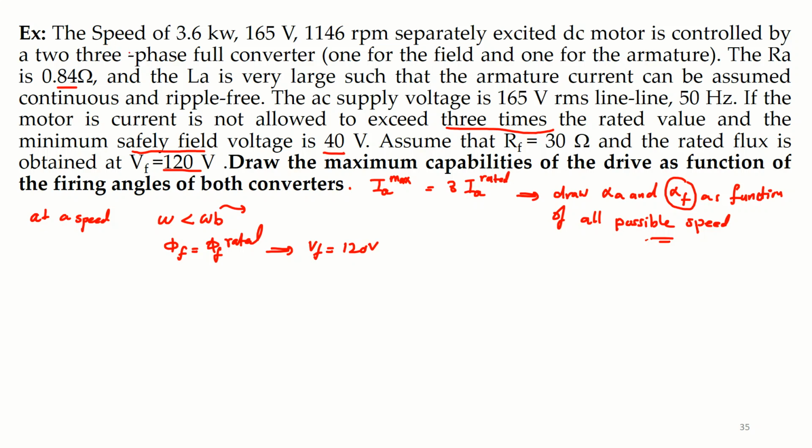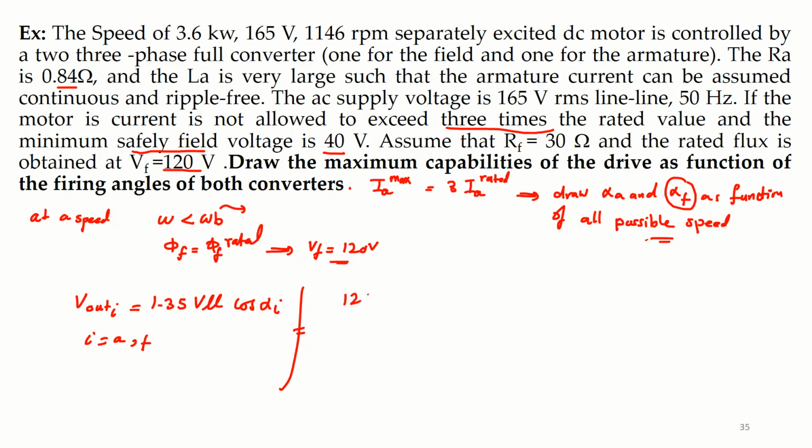Now both converters are three-phase full wave converters, so this means that V out of converter i will be equal to 1.35 V line to line cosine alpha i, where i is equal to A or F. A stands for the armature and F stands for the field. So for the field converter when omega is less than omega base, the voltage should be 120.